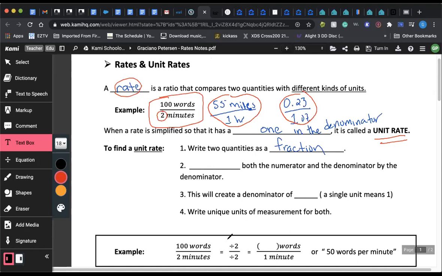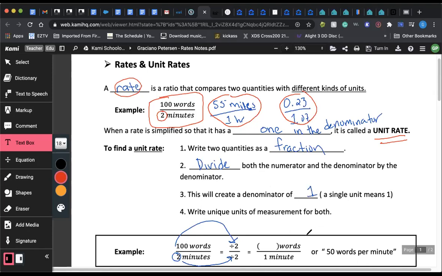And then the next step, as it's written right here, is you're going to divide both the numerator and the denominator by the denominator. So in this case, I have 100 words in 2 minutes, right? Over 2 minutes. So I'm going to divide both my numerator and my denominator by 2. Okay. This will create a denominator of 1.